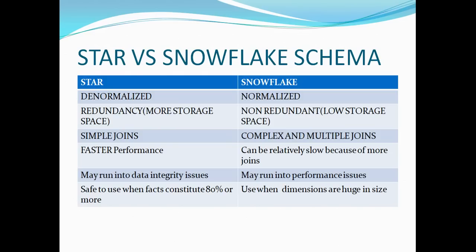But as we discussed, because of this, we may run into some data integrity issues. The snowflake schema, since it is normalized, takes low storage, but since we are dividing into more and more tables, it can result in complex and multiple joins. This can slow our queries, and we may run into performance issues.